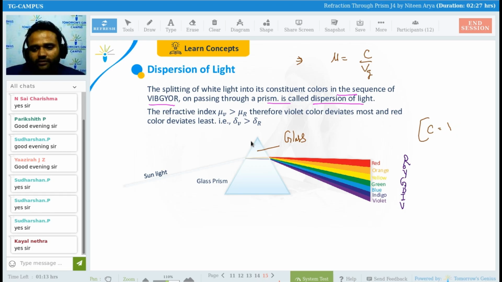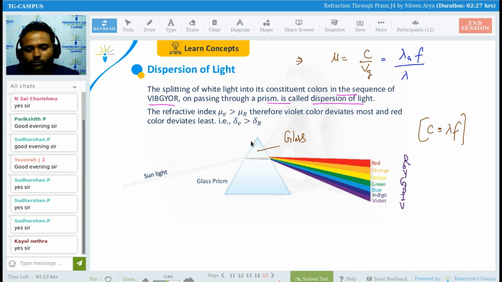In refraction, frequency remains constant. So lambda in air, I can write air because vacuum may confuse you with V, violet, into frequency divided by lambda in glass for different colors.